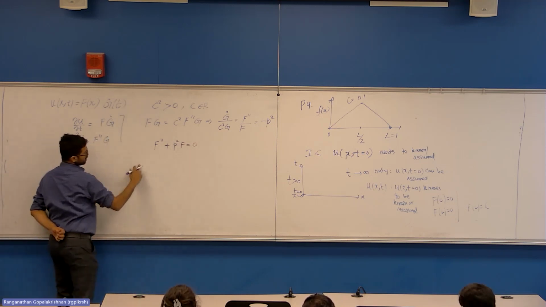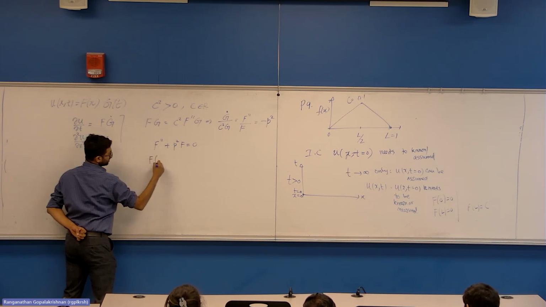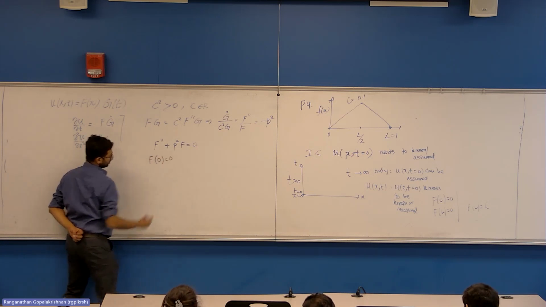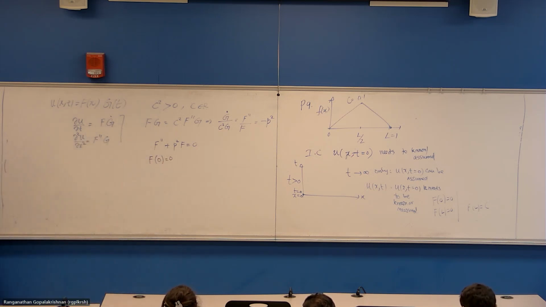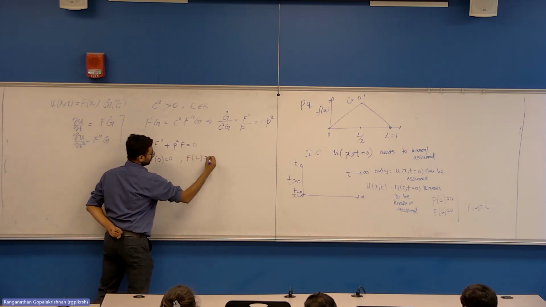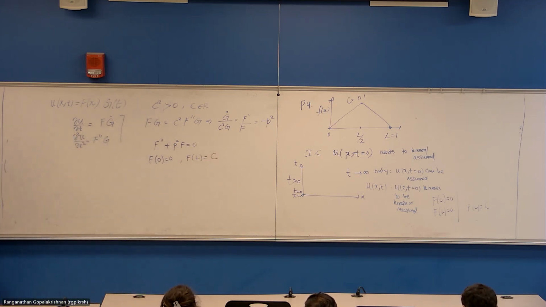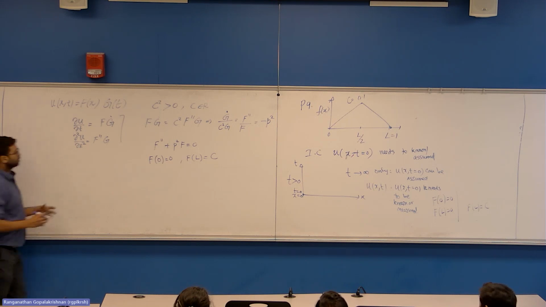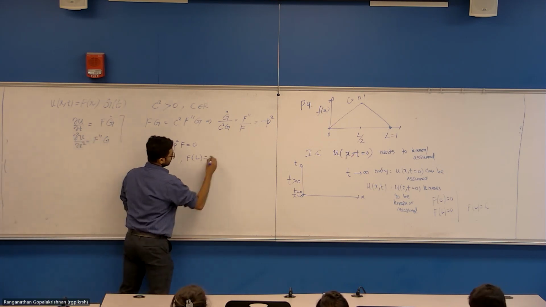This has not changed. And with a boundary condition that looks like f of 0 equal to 0 and f of L equal to some constant. Actually, the book goes for both being 0.